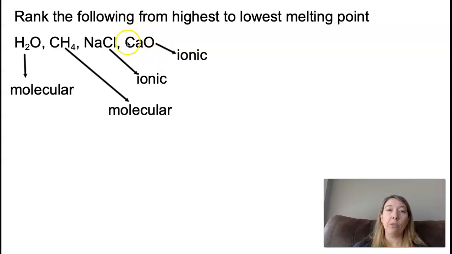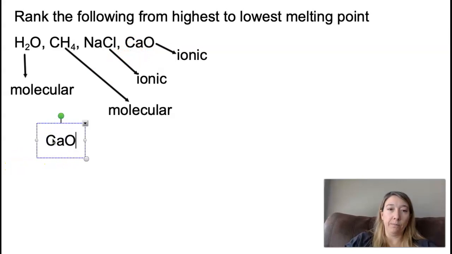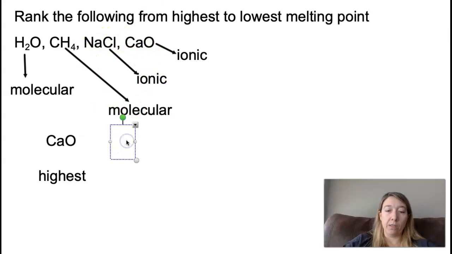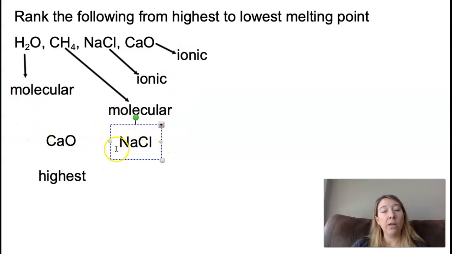So because we have larger charges, the calcium oxide is going to be the highest. And then if we go from there to the next one, it's going to be the sodium chloride, right? Because the two ionics are going to be higher than the two moleculars. We know the calcium oxide is going to be above the sodium chloride.